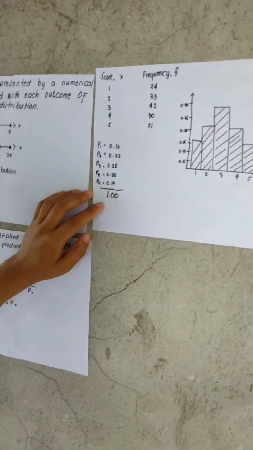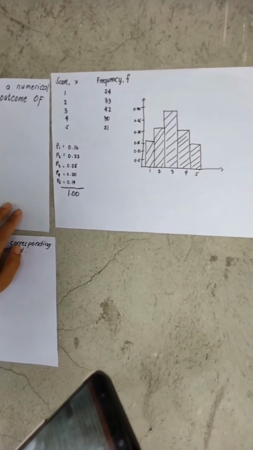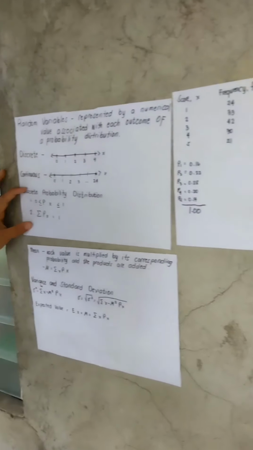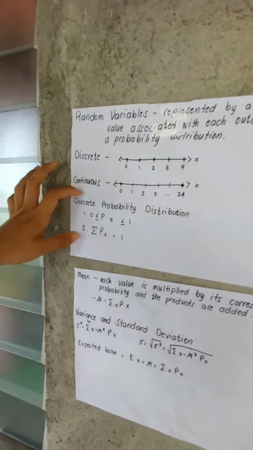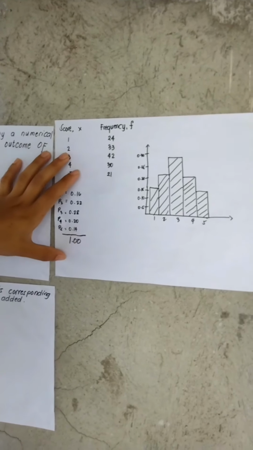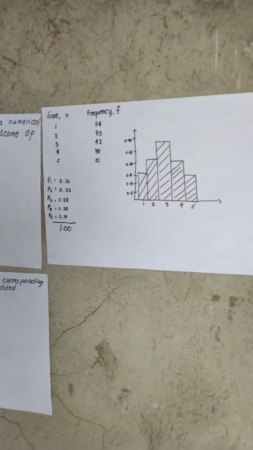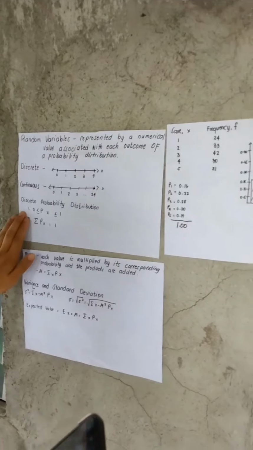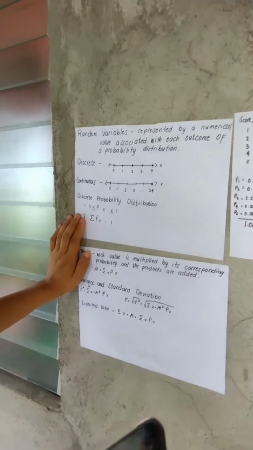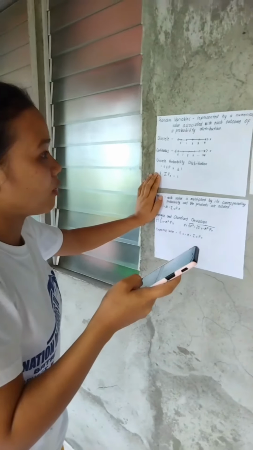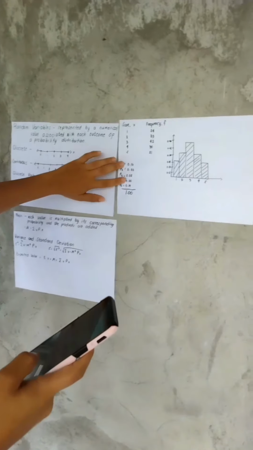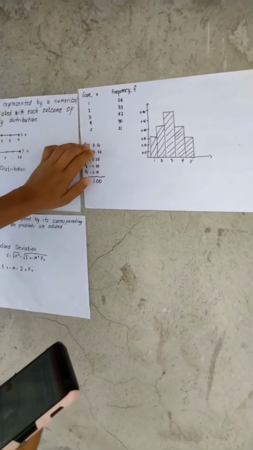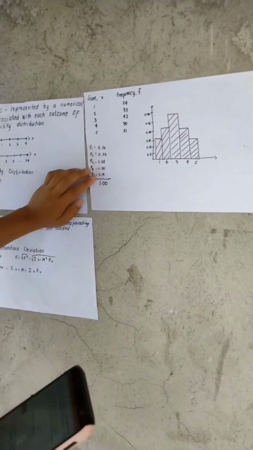In this one, we have a discrete probability distribution, where these conditions must be satisfied by the given example. In this discrete probability distribution, the first condition is that each probability is between 0 and 1 inclusive, and this is satisfied by all of P1 to P5, which are greater than 0 but less than 1.